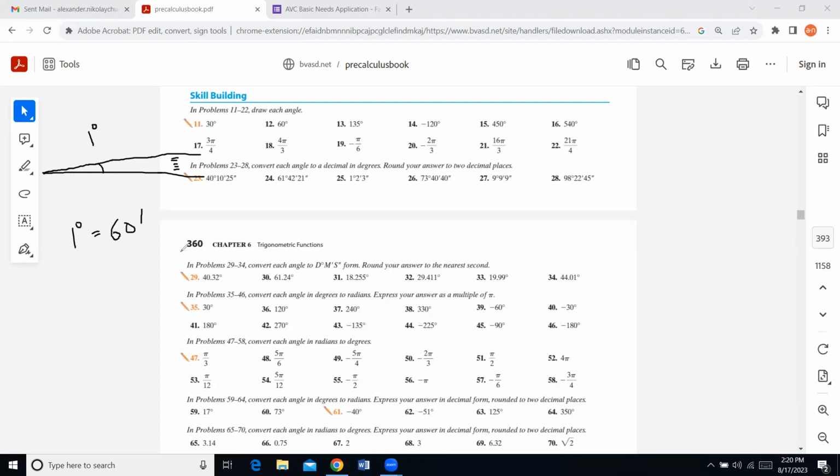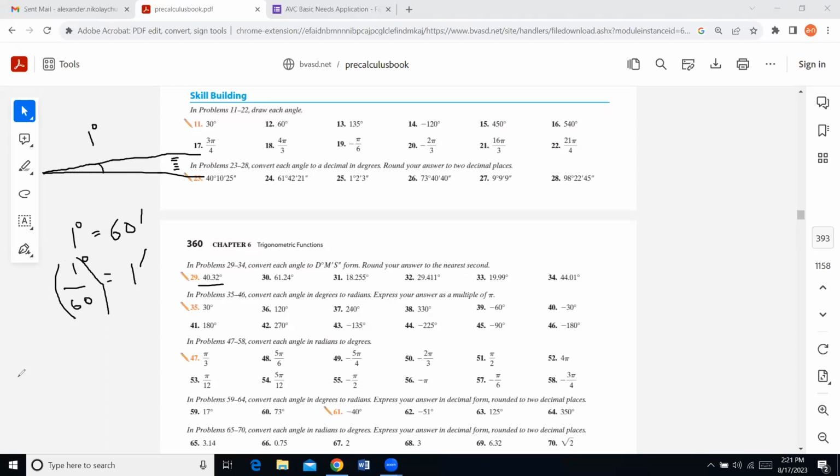Or if you divide both sides of this little equation by 60, then 1 minute will be 1/60 part of a degree. So that's the way you can convert degrees to minutes and back.